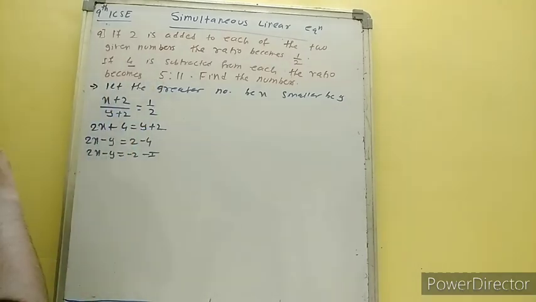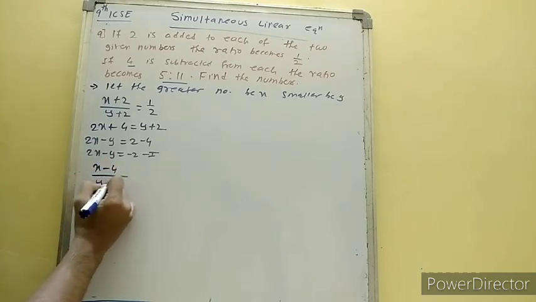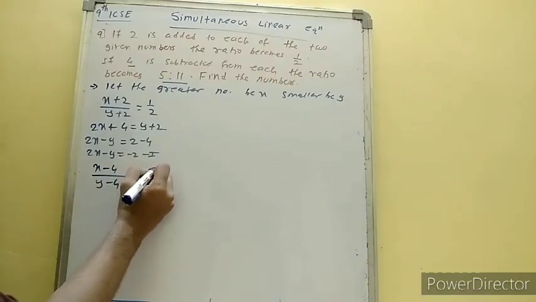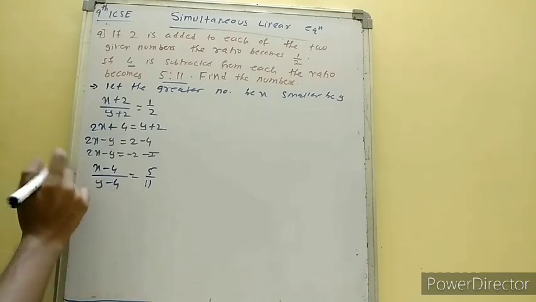Then the second part. If 4 is subtracted from each, the ratio will become 5 upon 11. So if 4 is subtracted from the numerator and 4 from the denominator, the fraction will be 5 upon 11. 11 will go that side.